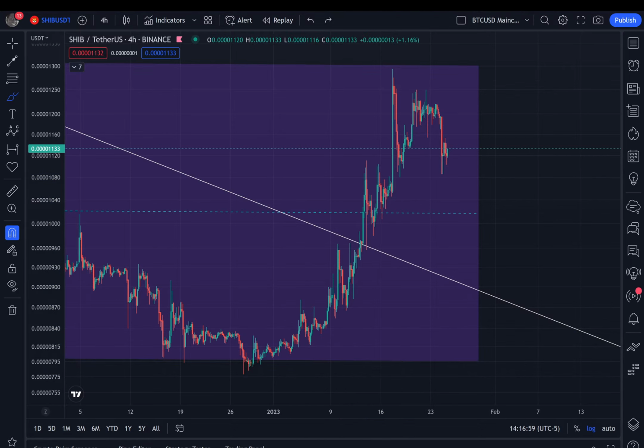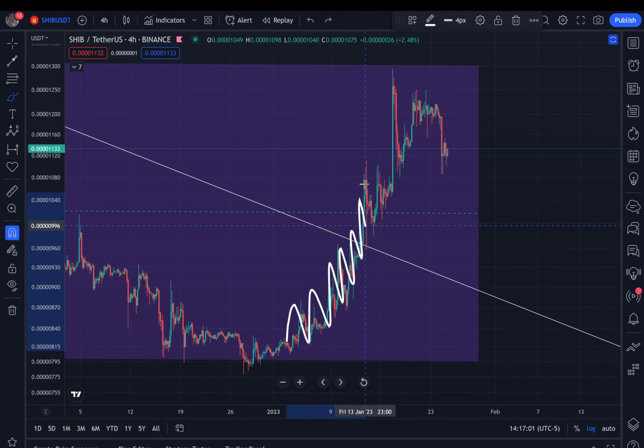I'm also talking about the staccato, like kind of the fact that it's basically by hook and by crook, it's working through all these resistances and just pushing through. It has a lot of momentum.